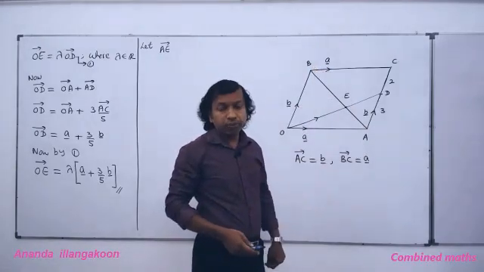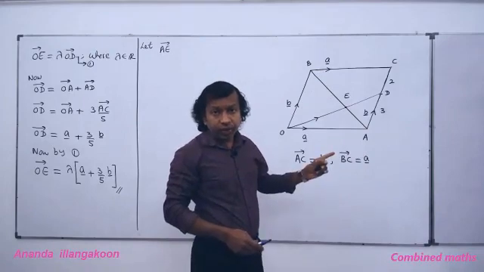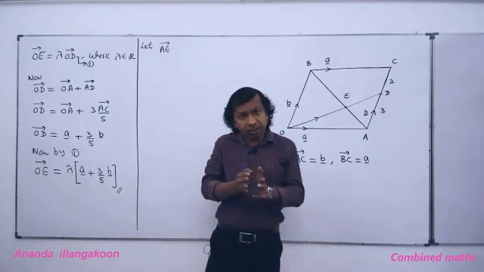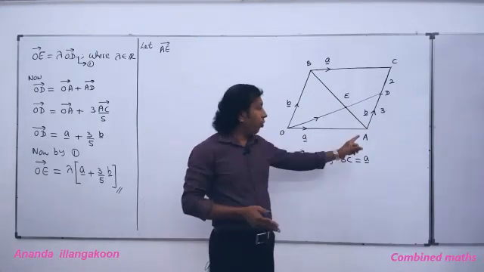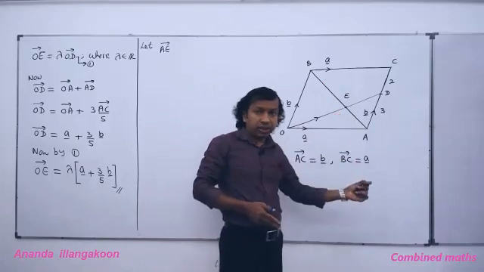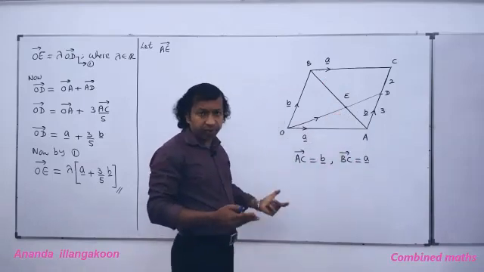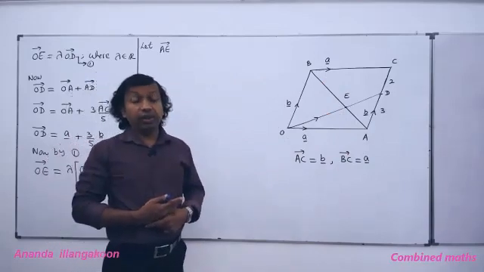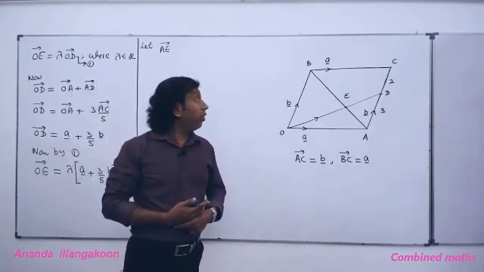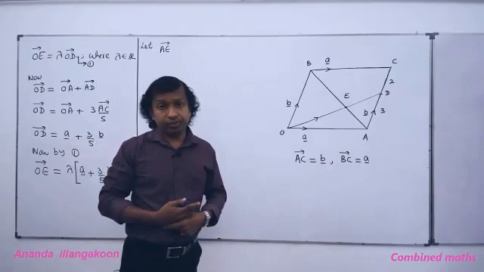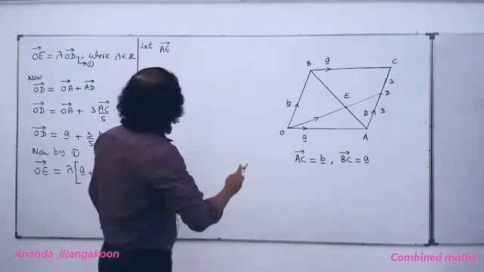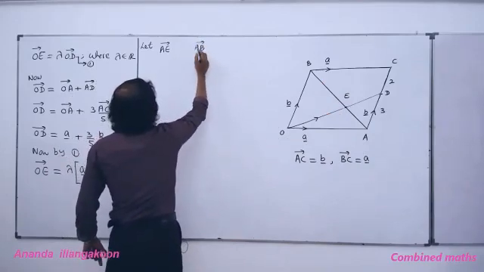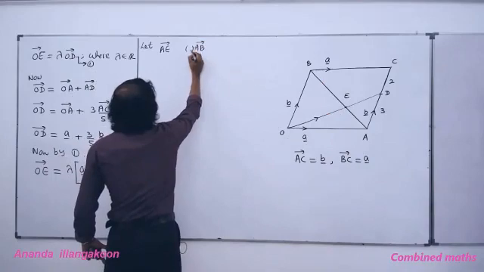Is it possible, right? AE line segment and AB line segment are both on the same line. When you move from A to E and A to B, the direction is also the same. That means the lines are parallel and the direction is also the same. So this shorter vector AE we can write as a multiple of the long vector, that is, AE vector can be obtained by multiplying this AB vector by a particular value.